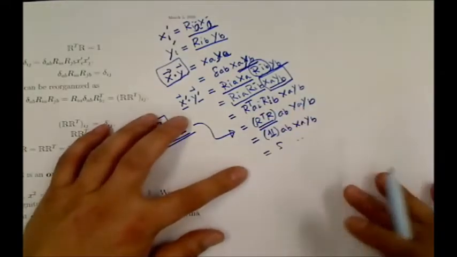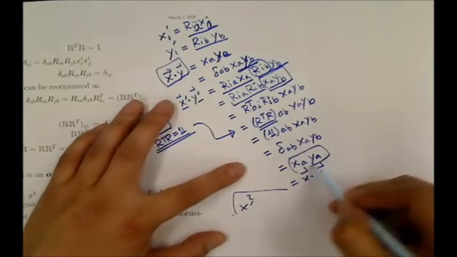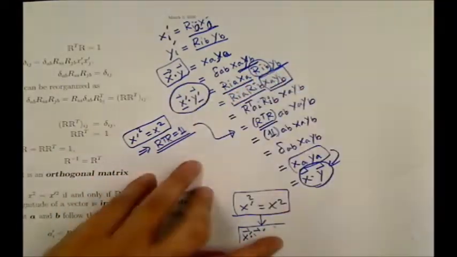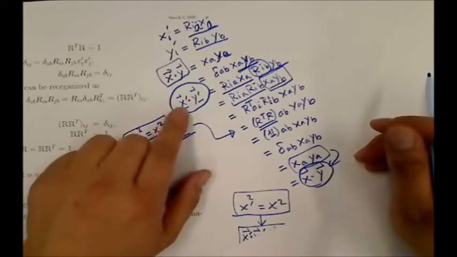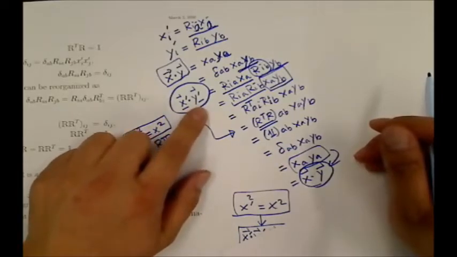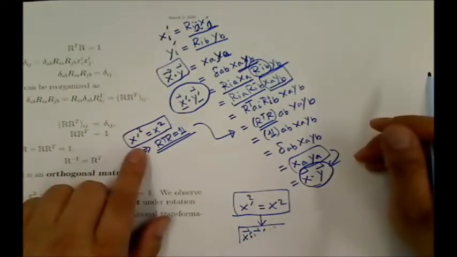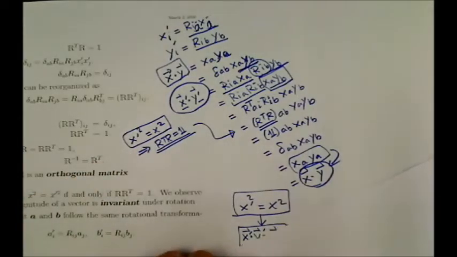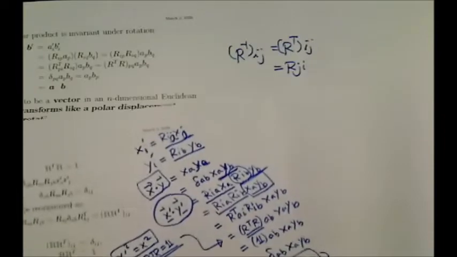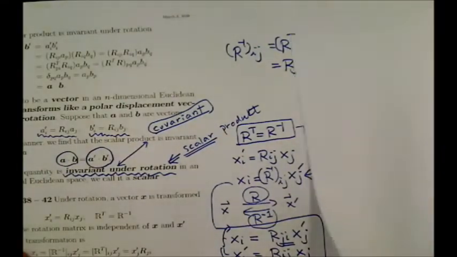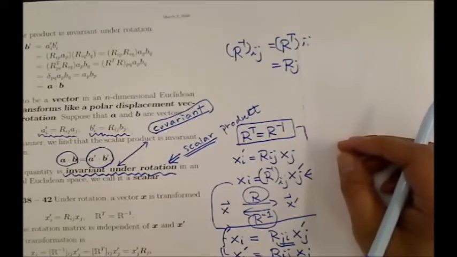This reaches the same value as the scalar product x dot y. Therefore, after rotation, any scalar product of two vectors is invariant, as well as the case for identical vectors. So these are the same as what we have obtained previously.